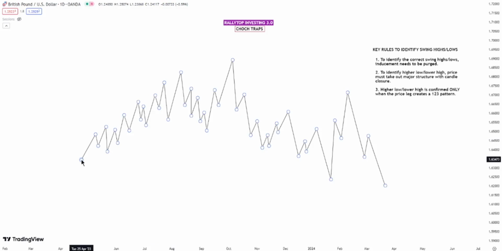Now, let's start from here. Price printed this low and created this high. For this high to be confirmed as a valid high, rule number one has to be met. And what is rule number one? It says to identify the correct swing highs or lows, inducement needs to be taken.